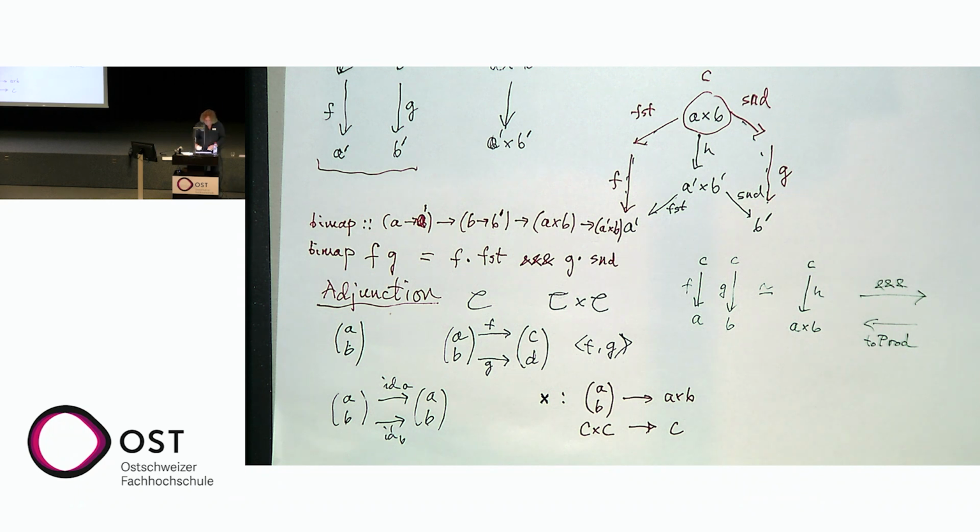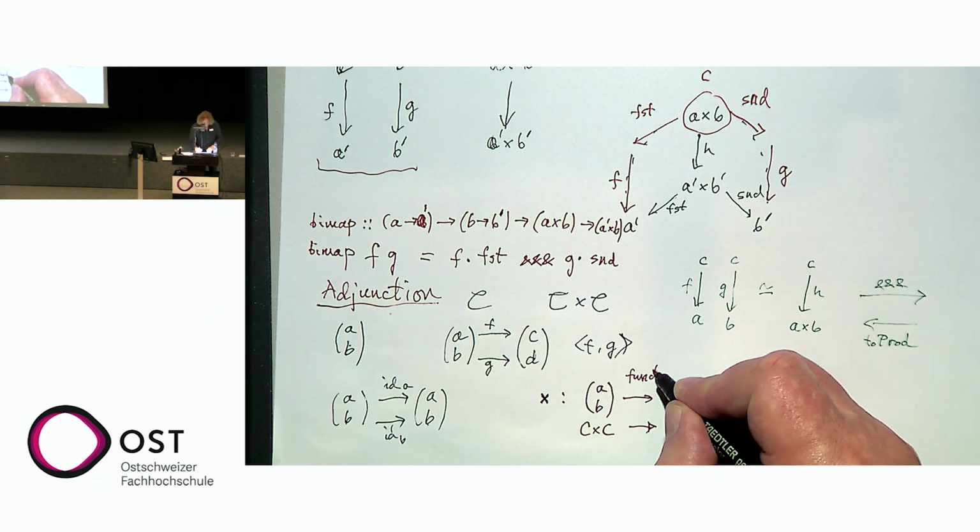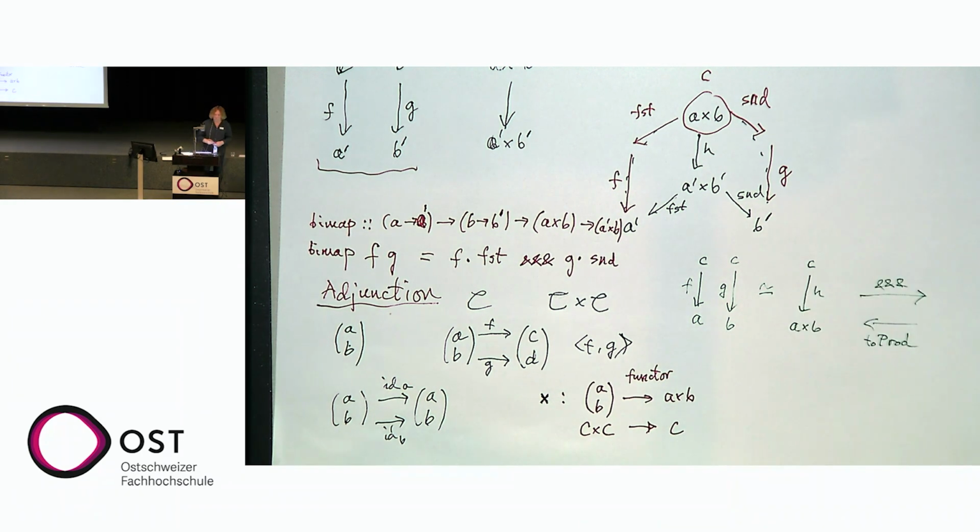So this is a functor. This is why I wanted to show you functoriality, so that you can see that this is actually a mapping from product category to regular category that also maps arrows. The double arrow from here goes into a single arrow here.